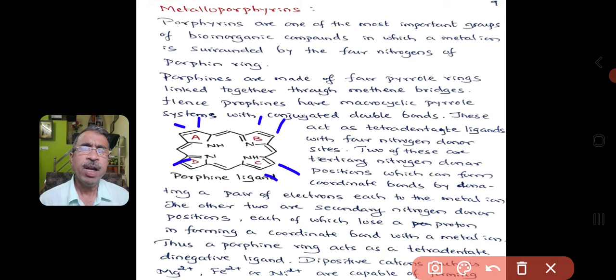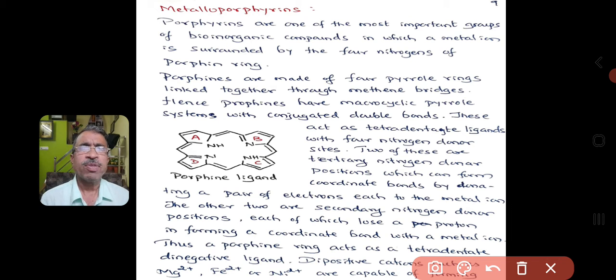When it is filled with hydrogen atoms, it is called porphyrin. If these hydrogens are replaced by alkyl groups, vinyl groups and some other groups, then this porphyrin is called a substituted porphyrin. So this is the basic point which you have to remember.